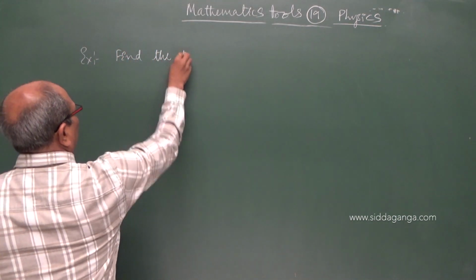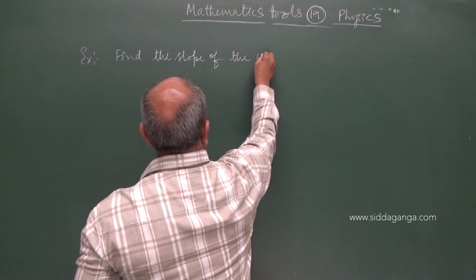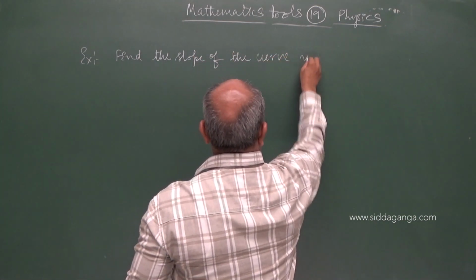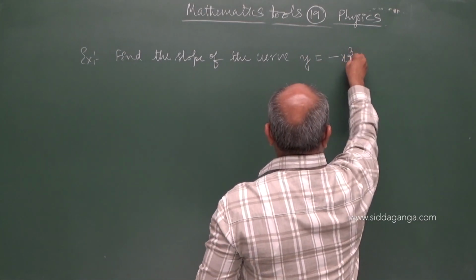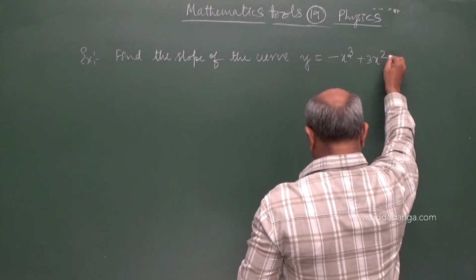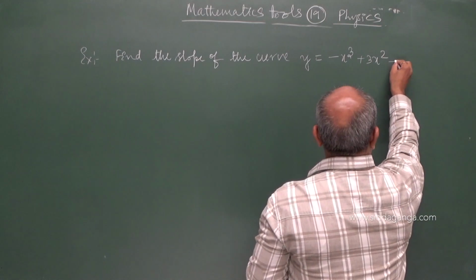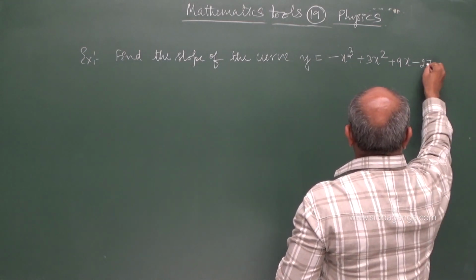Find the slope of the curve y is equal to minus x cube plus 3x square plus 9x minus 27.